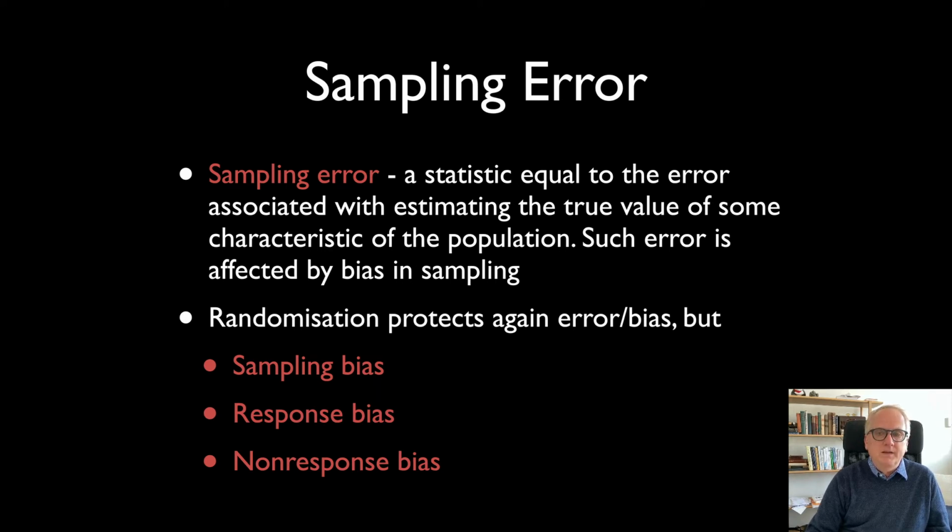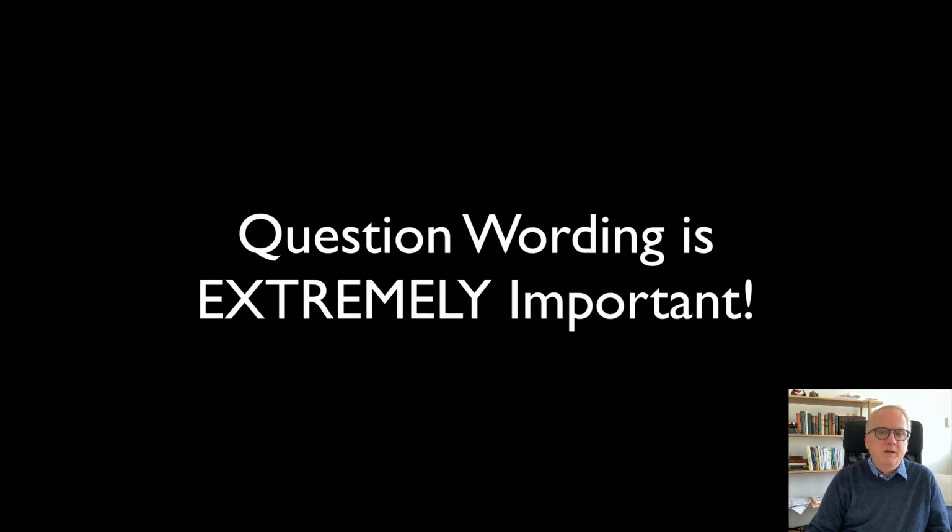So in all of this, one of the things that you start to see is that question wording is extremely important. It's really something that we spend a lot of time on when we're doing surveys, to think a lot about our questions. We write up our questions, we try to pre-test them as much as possible.